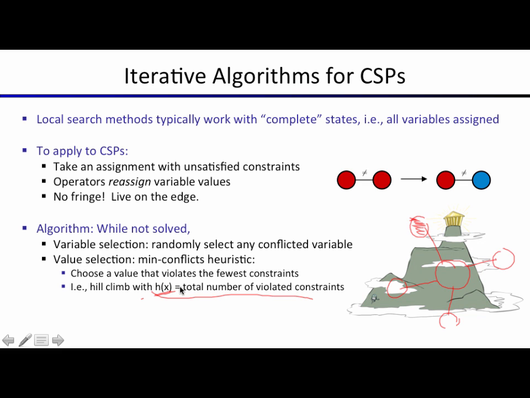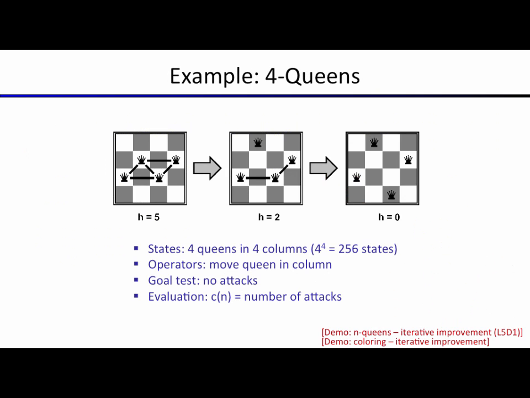It's like this kind of hilly space, and you have your little robot that can look around and go somewhere that seems a little bit better than the current position. Position here is defined by a full assignment, and the goodness of a position is defined by the number of constraints that assignment violates.